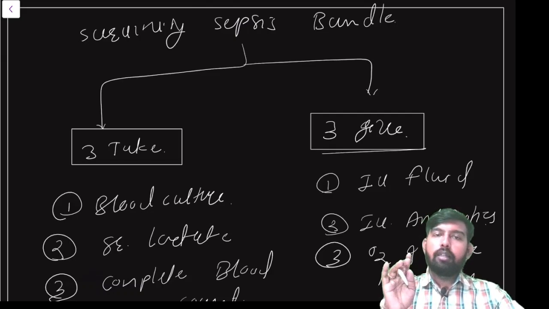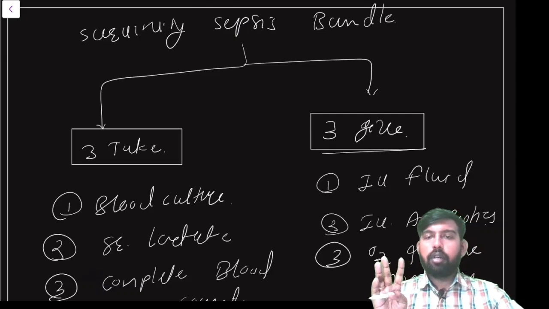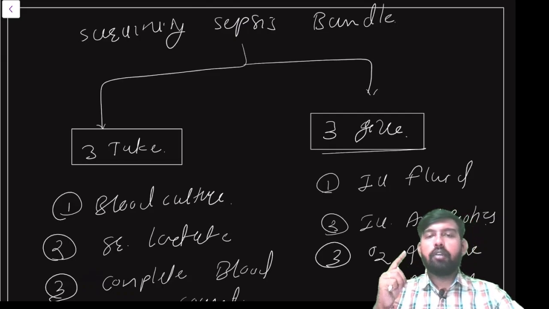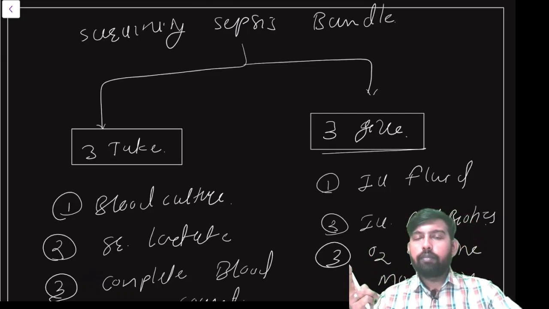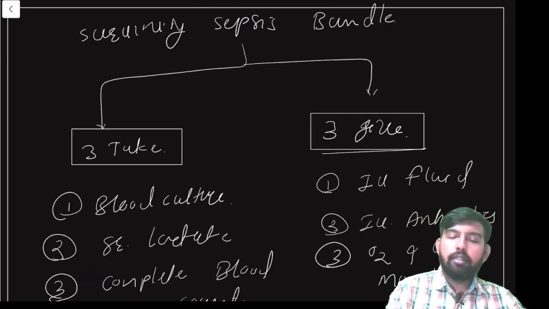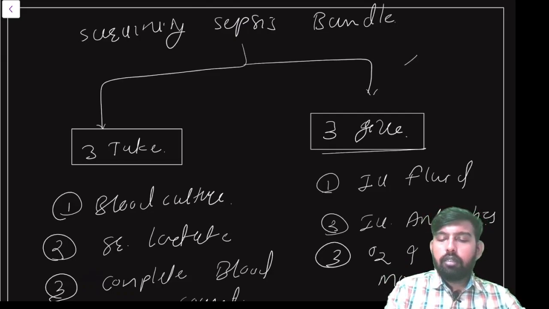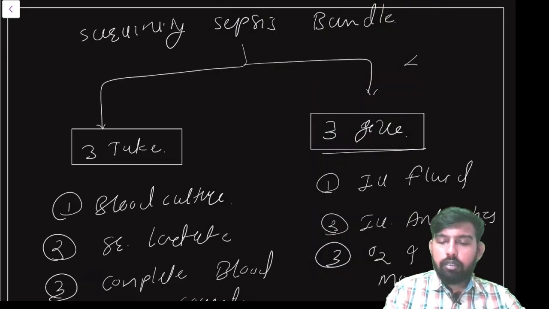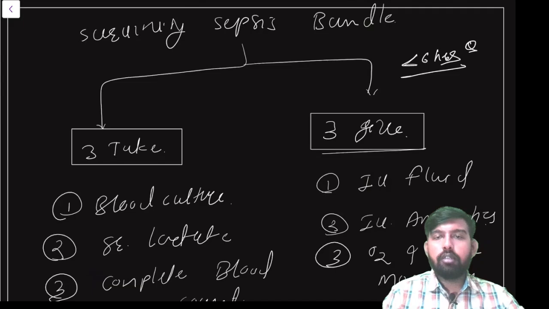It consists of 6 components, in which we have to take 3 from the patient, and we have to give 3 to the patient in initial stages of the resuscitation. Ideally it is done within the initial 6 hours of the resuscitation.